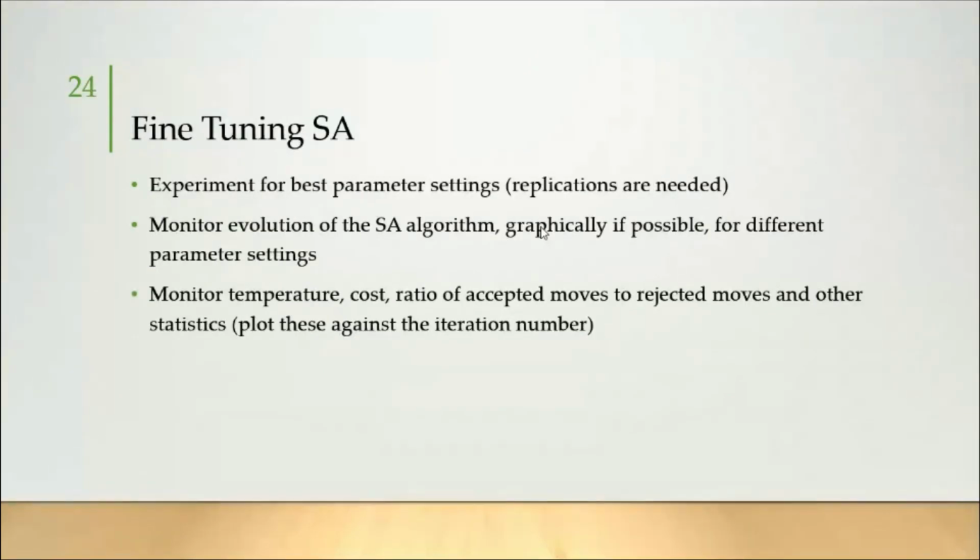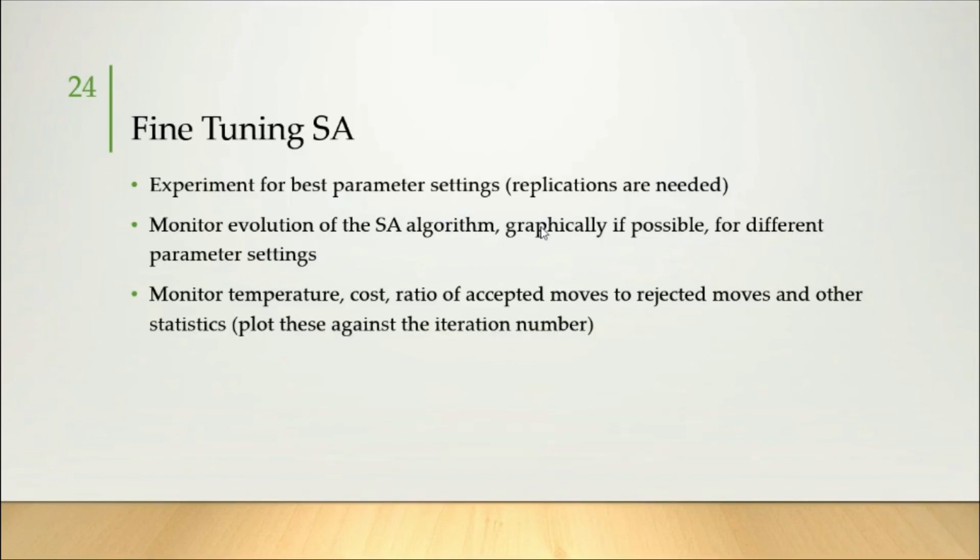Then fine-tuning the simulated annealing. The fine-tuning can be done with different experiments for best parameter settings. There may be different replications to find which is the best initial temperature, which is the best cooling schedule, etc. In order to find all those things, you might have to repeat the experiments multiple times. Then monitor the evolution of the simulated annealing algorithm, if possible graphically, for different parameter settings.